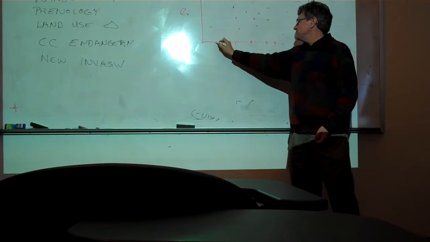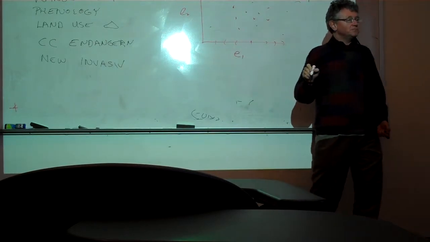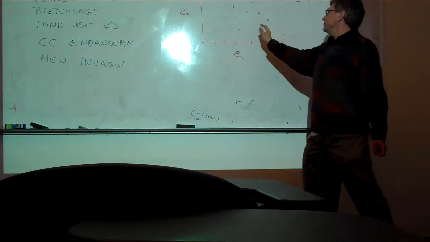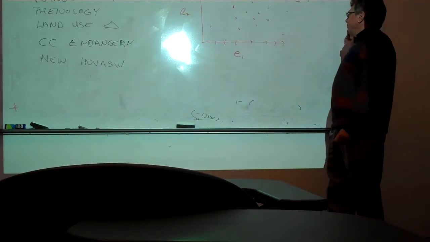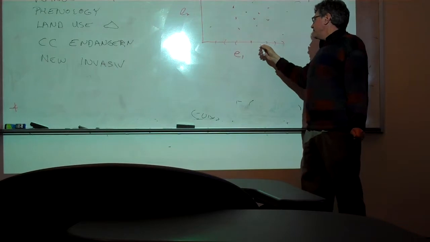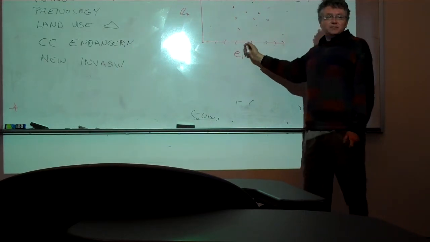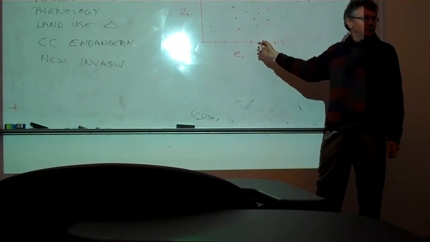You just build up these percentiles around this empirical distribution of environment where the species was found, and score it more highly the closer you are to the median.